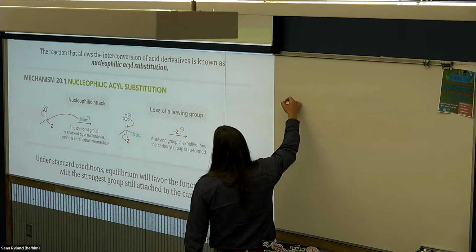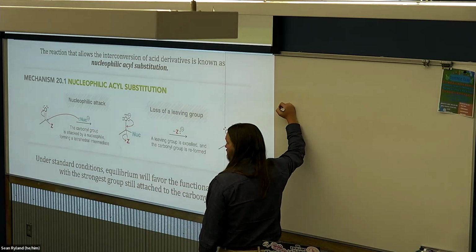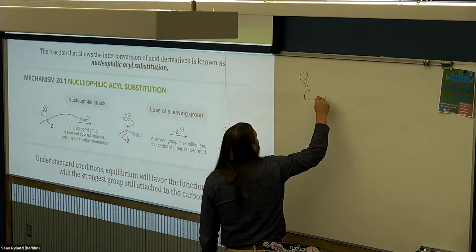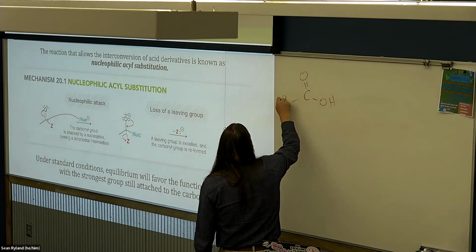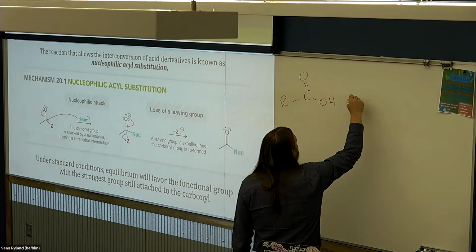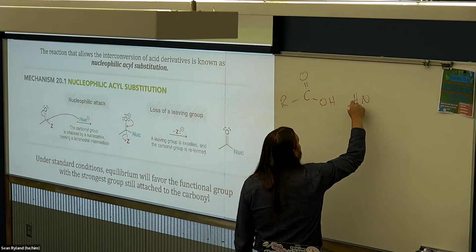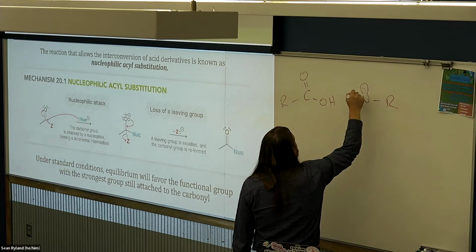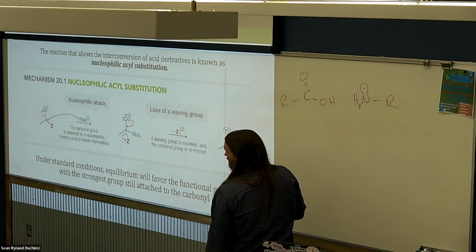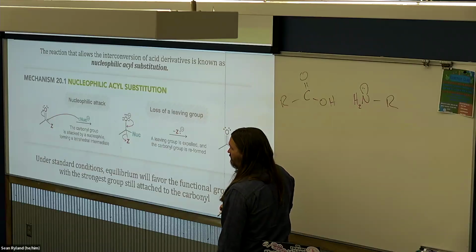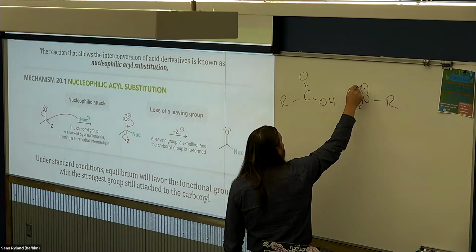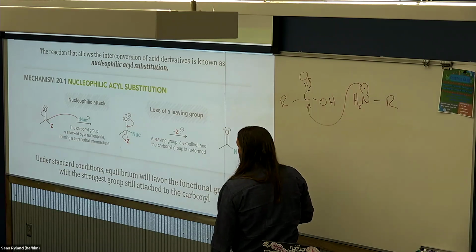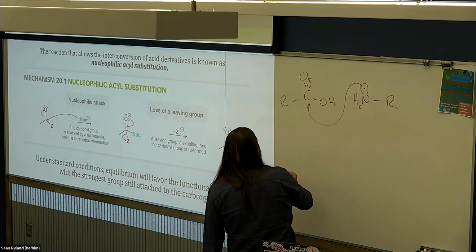So here's one example that matters a lot for biology. If you have an amine reacting with an acid group, it'll do that and make an intermediate.